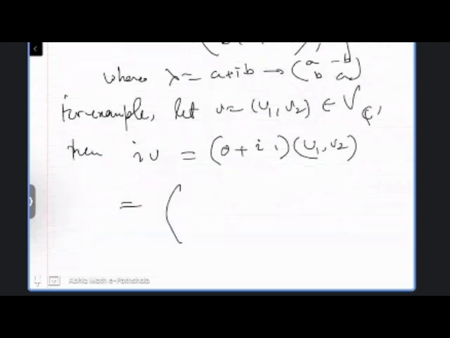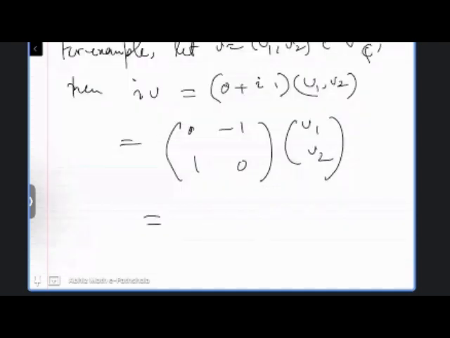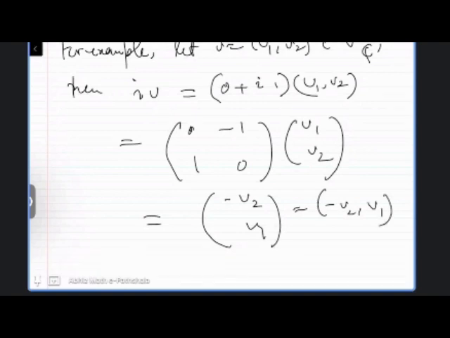So what would be the matrix here? 0, minus 1, 1, 0, and we are taking it as a column. Then what would be the resulting vector? This is 0 v1 minus v2, so it is minus v2, and this is v1. So it is minus v2 comma v1. So multiplying any vector with i, it changes to this one.